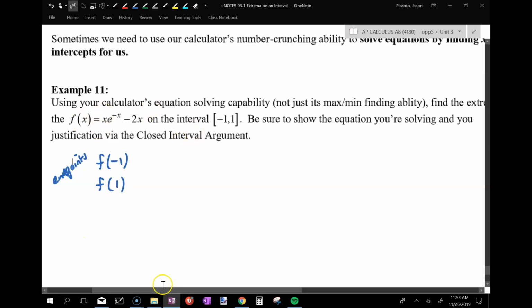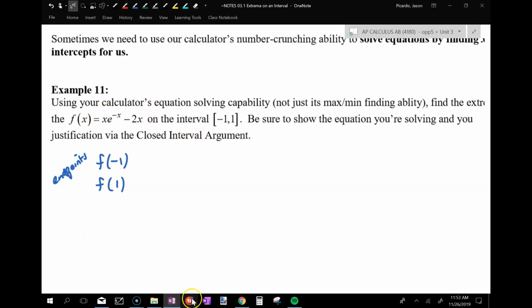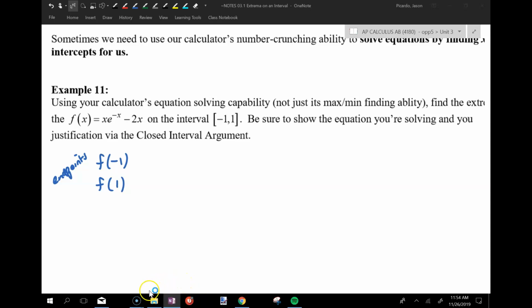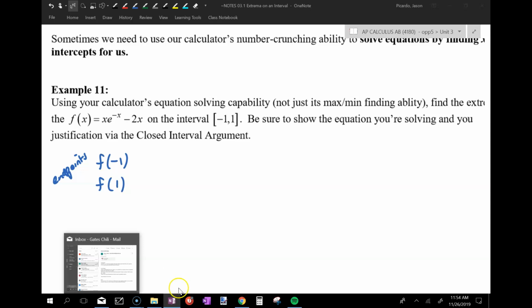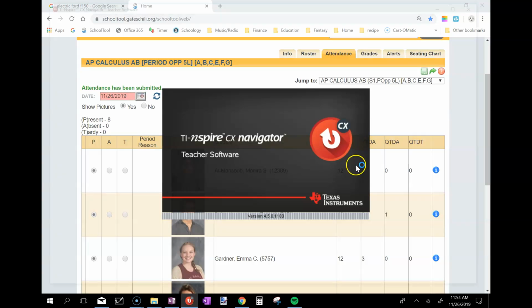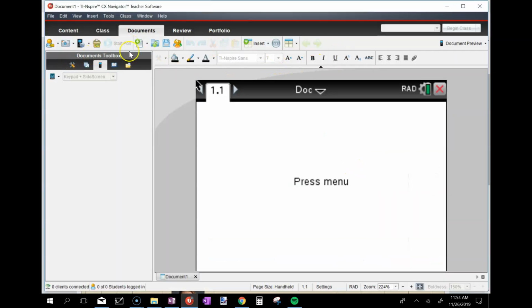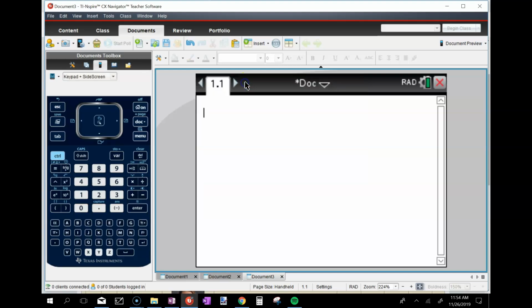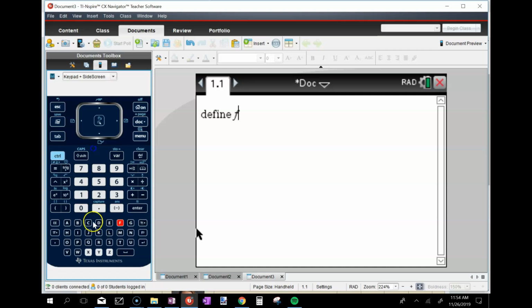So I'm going to put this in the calculator, save it as f of x. Guys, you're going to want to use this function, I think, when you're taking your test. It's nice to get things in quickly, especially when you have these multi-part problems.